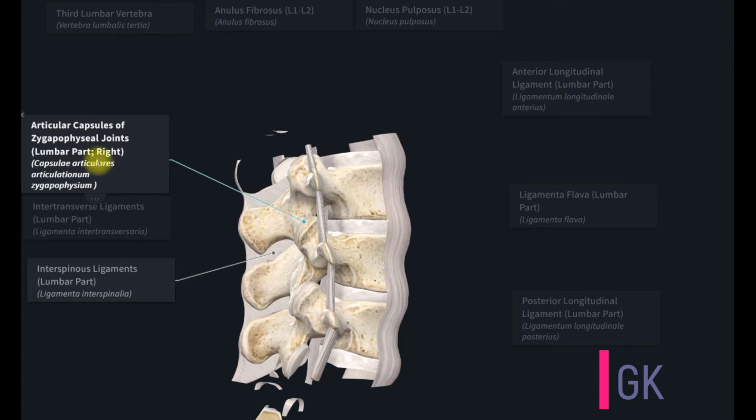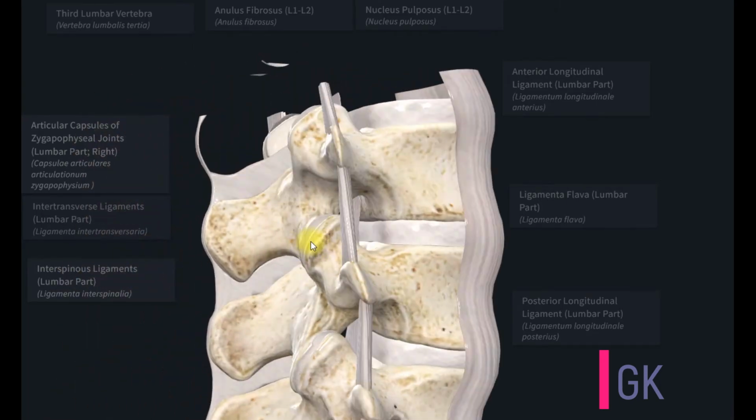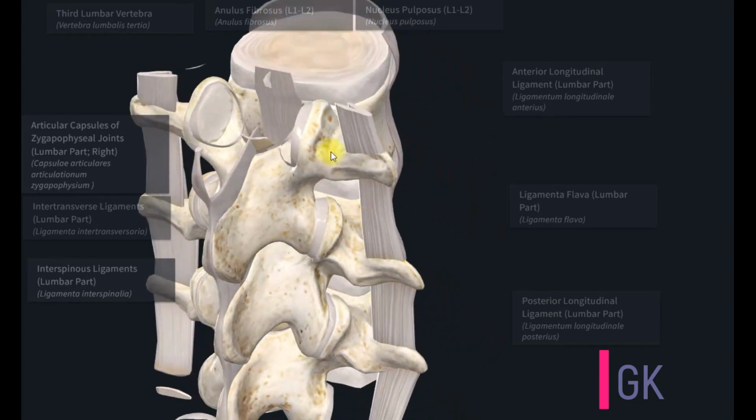The joint between the vertebrae is the zygapophyseal joint between the articular processes. This joint is simple, not complex, not combined. Simple because it is formed by the superior and inferior articular surfaces of the vertebrae and has no accessory auxiliary apparatus.